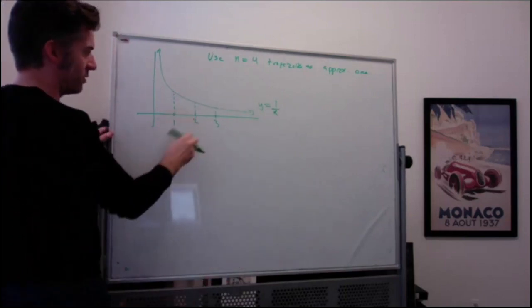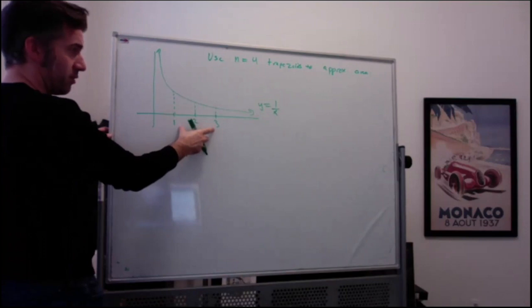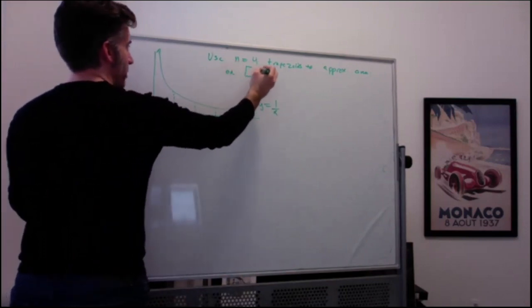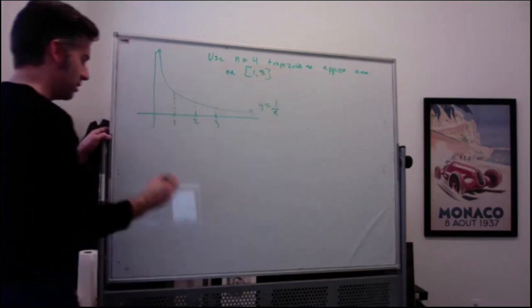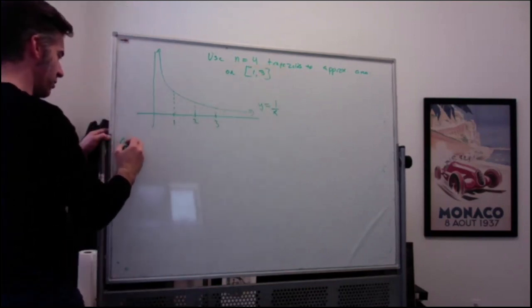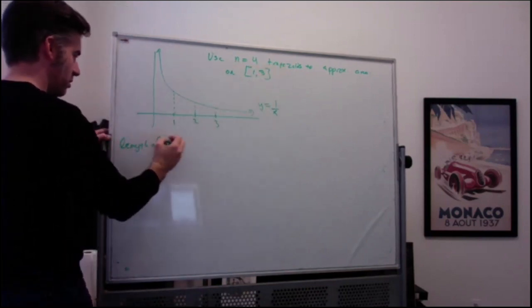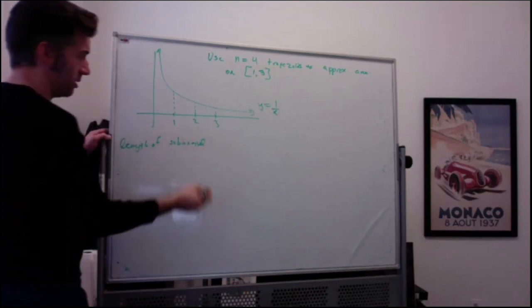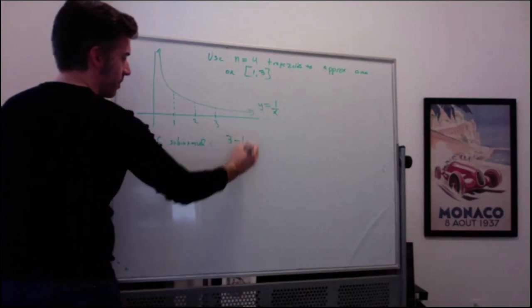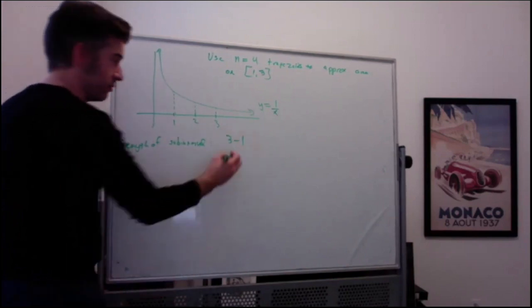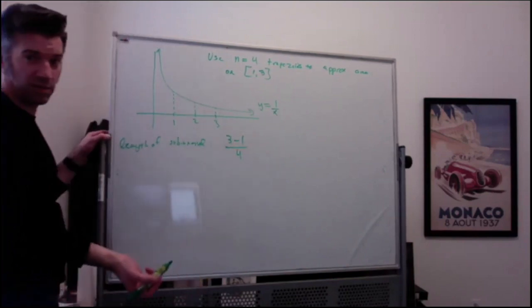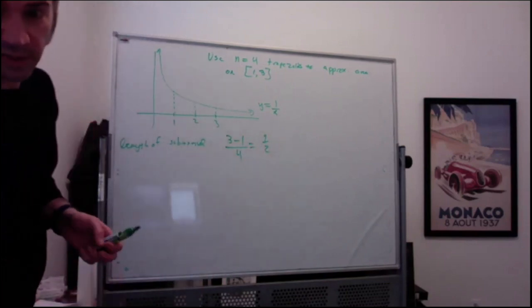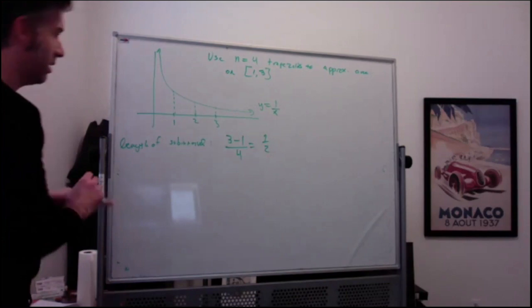First of all, I have to take my interval from 1 to 3 and break it up into 4 equal subintervals. So the length of my subinterval is going to be the total length divided by the number of subintervals. So 3 minus 1 over 4, which reduces to 1/2. So each of my subintervals where I'm going to have a trapezoid has a length of 1/2.